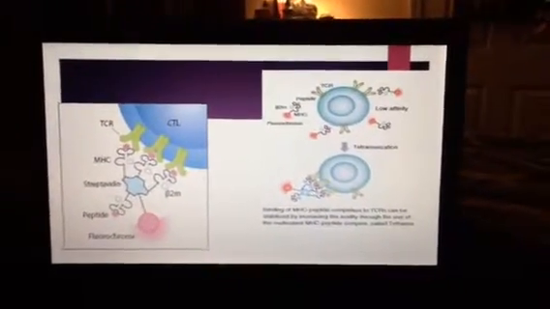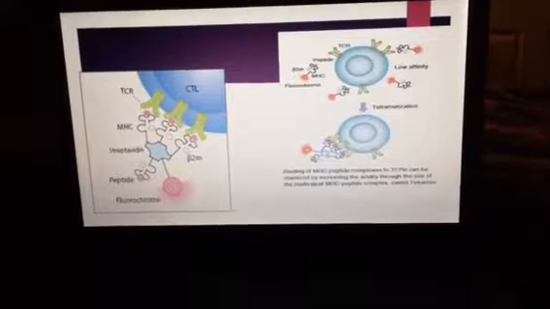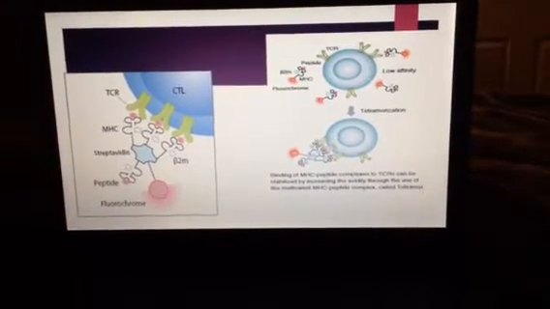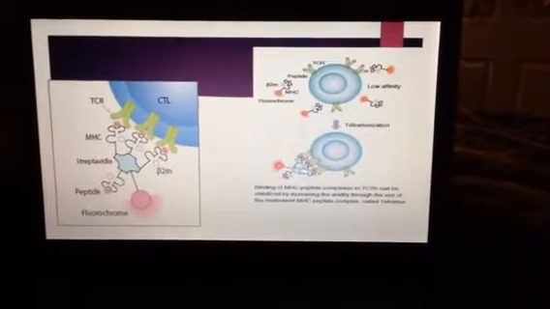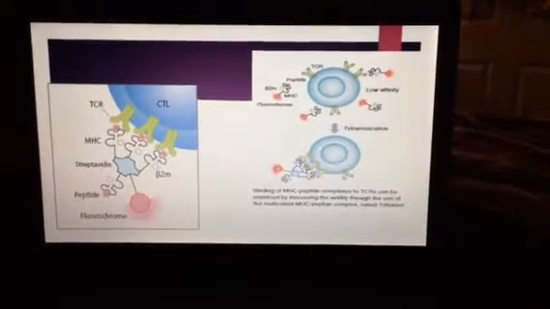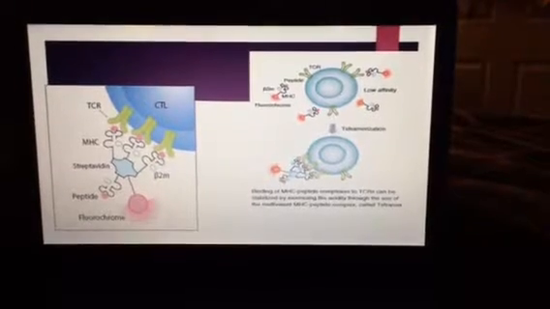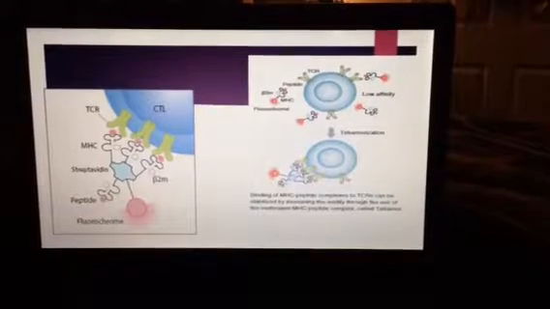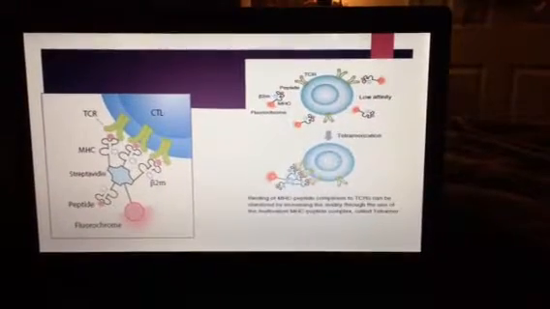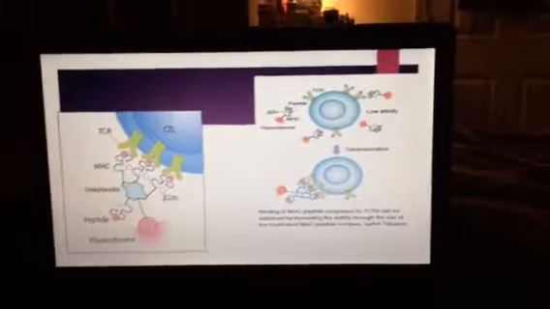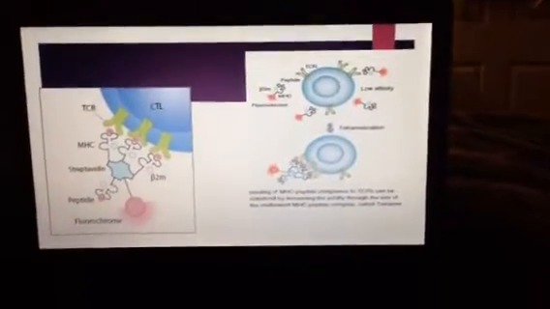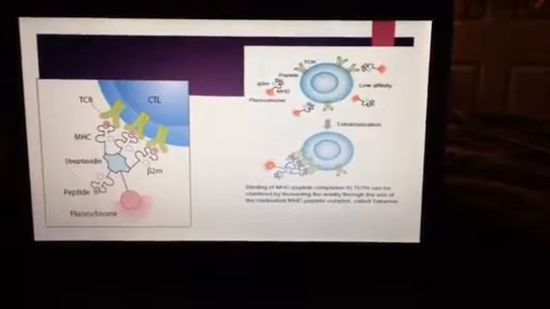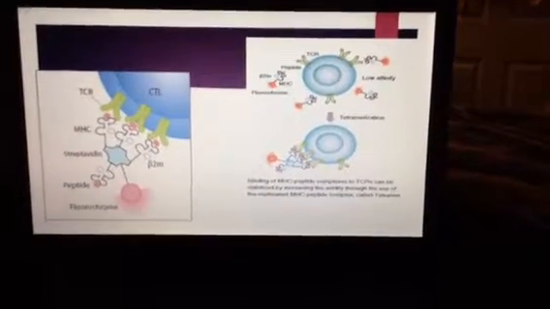Another interesting application of tetramers is that they're used to activate specific ex vivo T cells, and they can clonally expand them because they are composed of the MHC molecule and the peptide, which are both essential for antigen recognition and subsequent T cell activation.